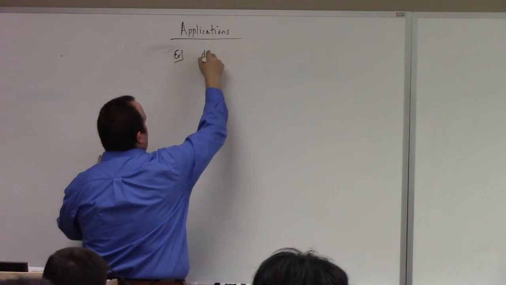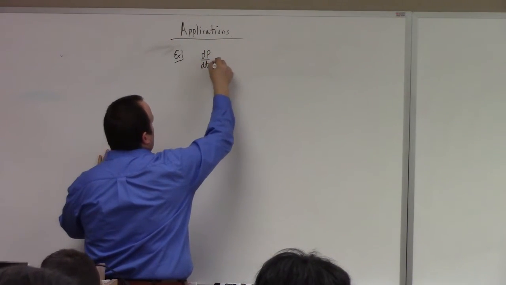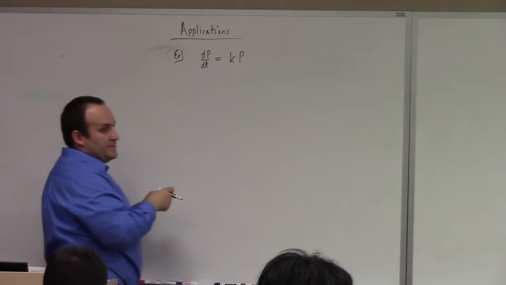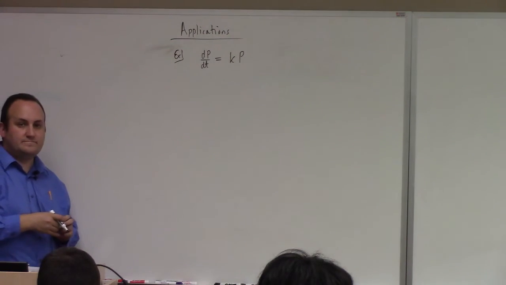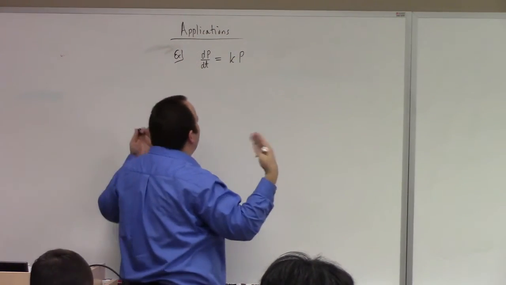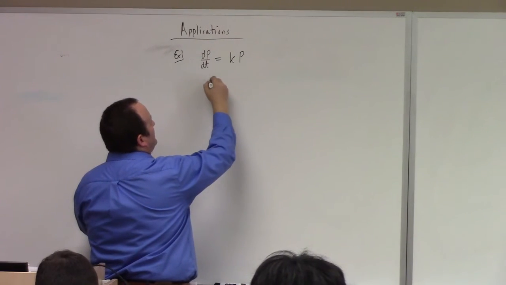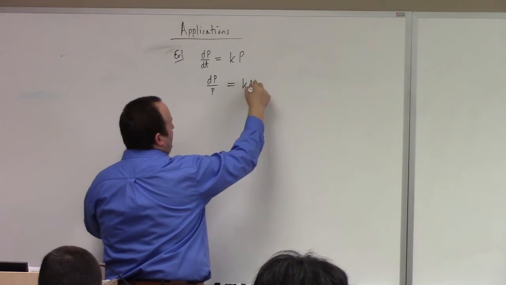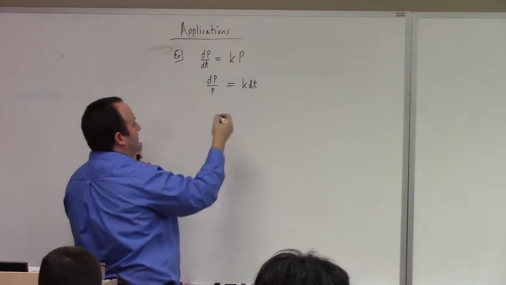If the rate of the population growth is proportional to the population, this is so-called exponential growth. Now, why is it called exponential growth? Because the solution's exponential, right? But now we can derive that. See, dp over p equals k dt. Separate variables, integrate.